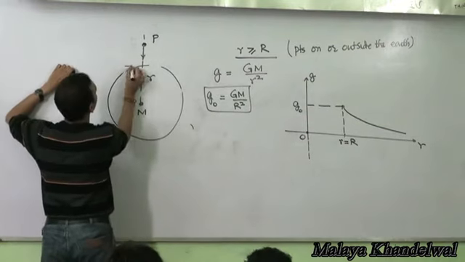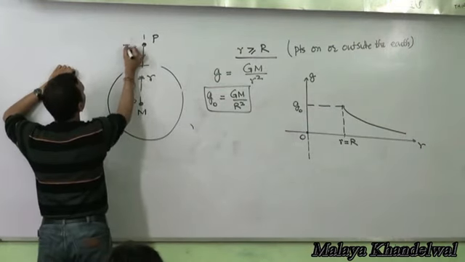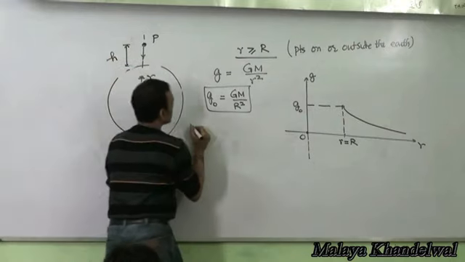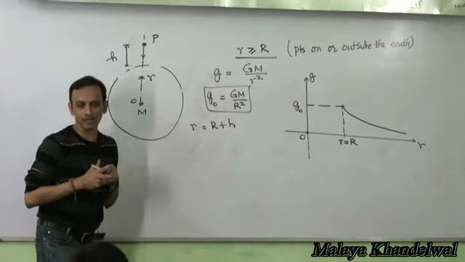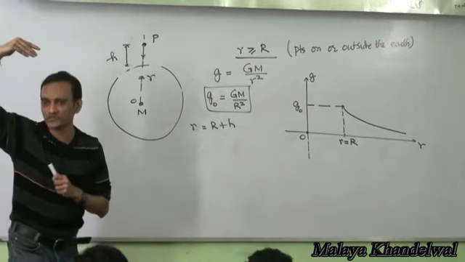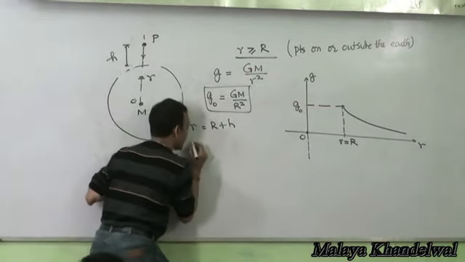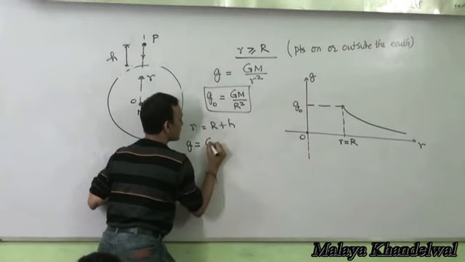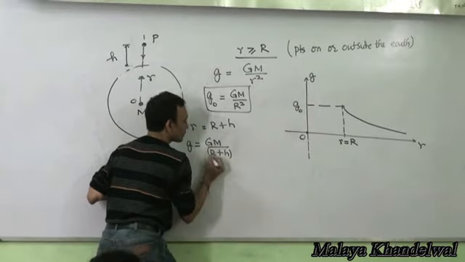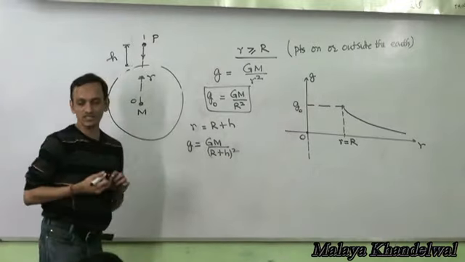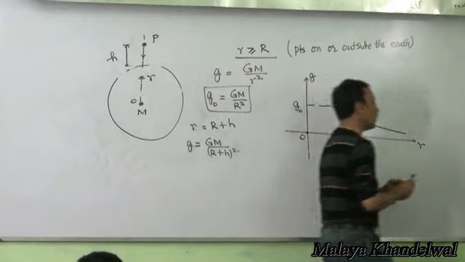Suppose this point P is at a height h above the surface of the earth, right? So, then small r is like capital R plus h. h is the height above the surface of the earth. In which case, the g at a height h can be obtained by GM by (R plus h) whole squared, yes or no?